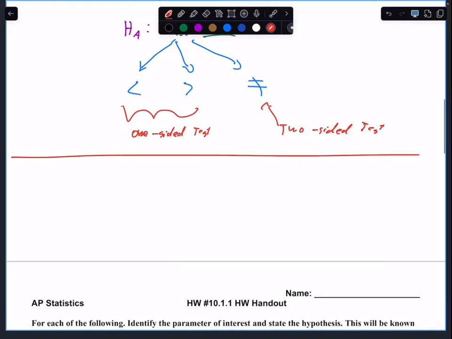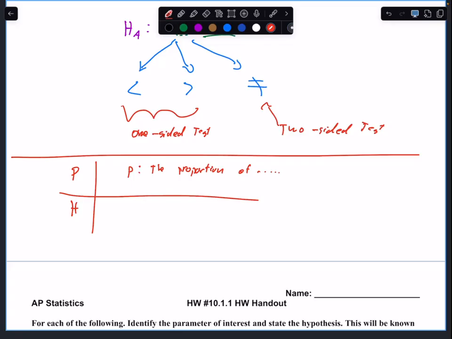And so when we do this, we call this p, and the p stands for the parameter. So you're going to define the parameter, the proportion of blah, blah, blah.